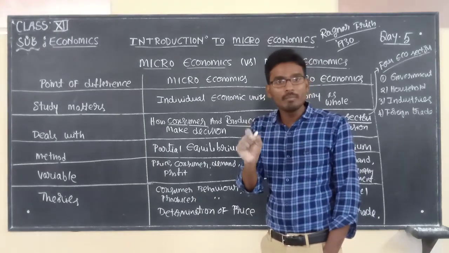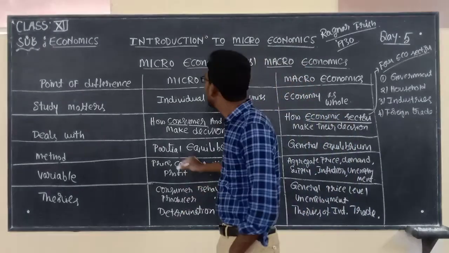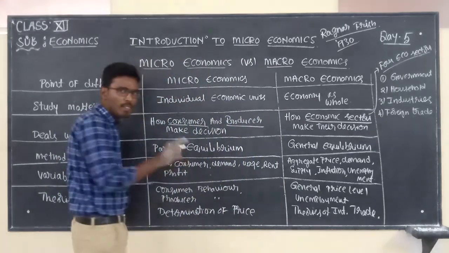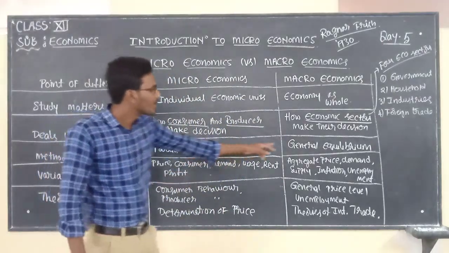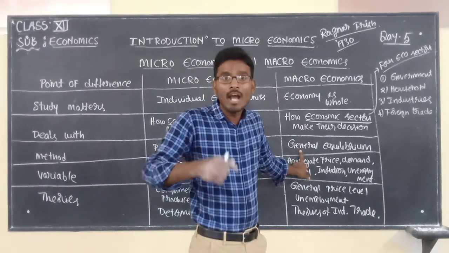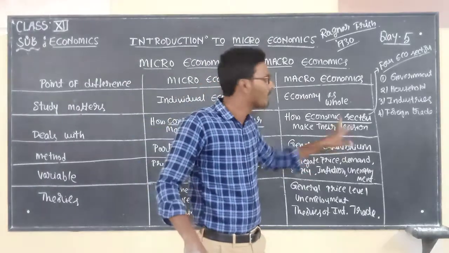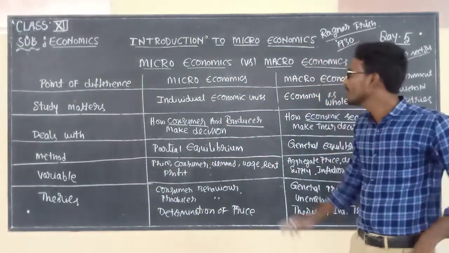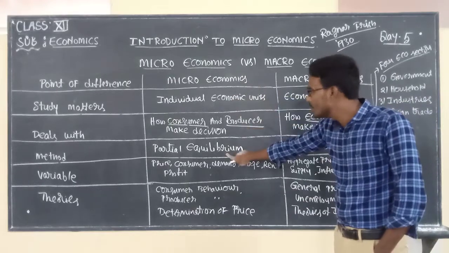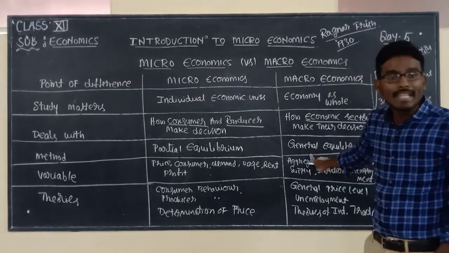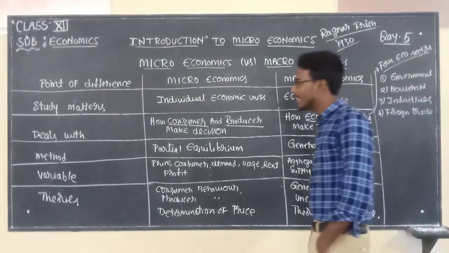Partial equilibrium means equilibrium in one market. And general equilibrium, in all markets, is known as general equilibrium. So microeconomics deals with partial equilibrium, macroeconomics deals with general equilibrium.